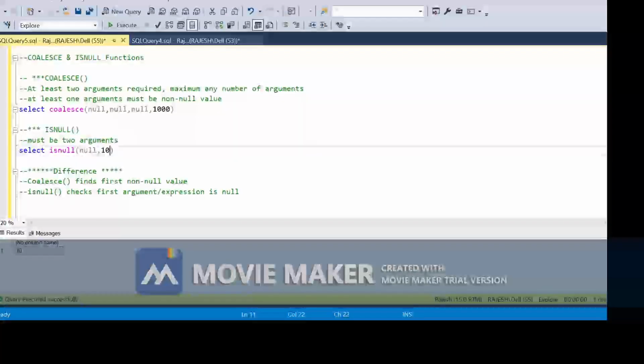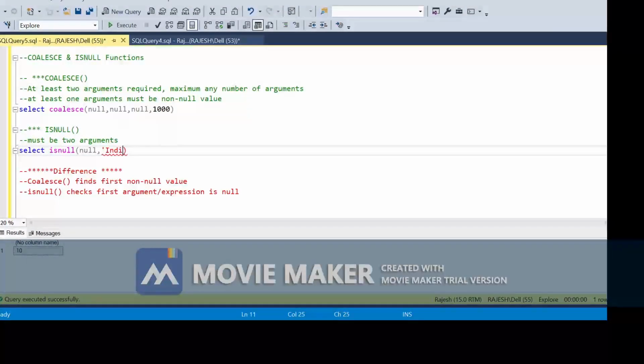Here it is 10, so the null value will be replaced with 10. Suppose I place a string value here, India, and I will try to run this.